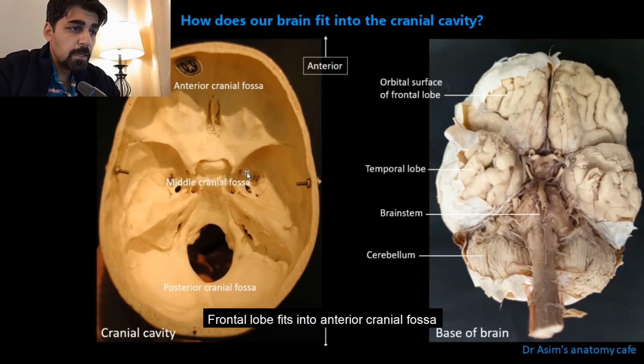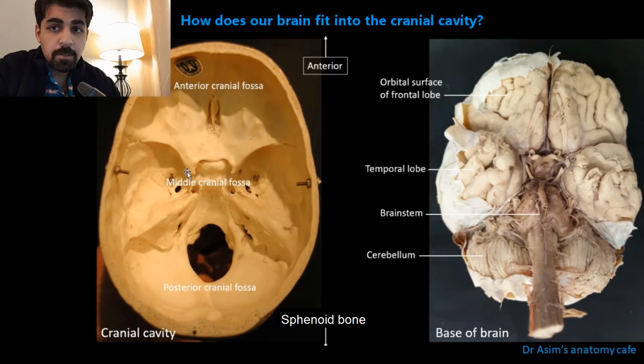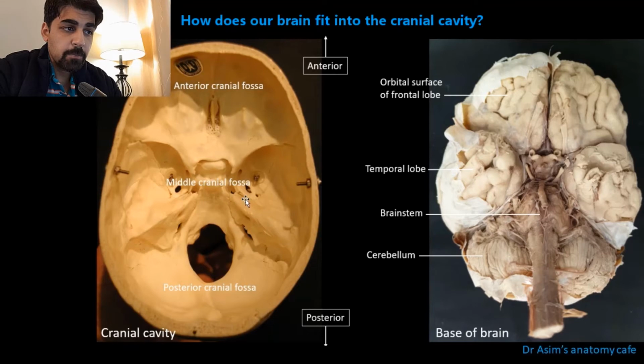You can see that this sharp margin at the back over here is the posterior extent of the anterior cranial fossa. It's a part of a bone which is known as the sphenoid bone. Now we're not going to be talking about the bone in detail. We will come to that maybe in a video on the anatomy of the skull.